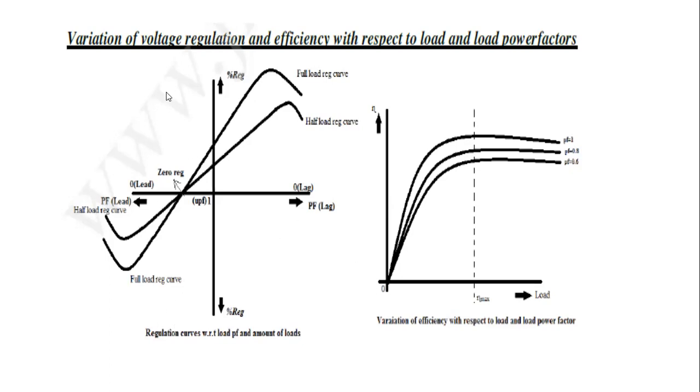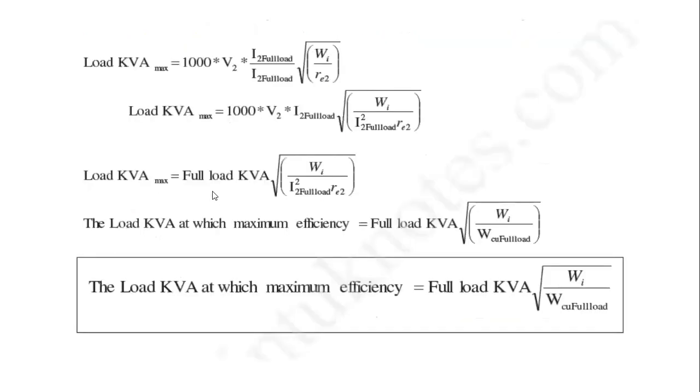This is the graphical representation for the voltage regulation and the efficiency at various power factors. For unity power factor we obtain the efficiency like this, for 0.8 power factor like this, and for 0.6 power factor like this. Understand?